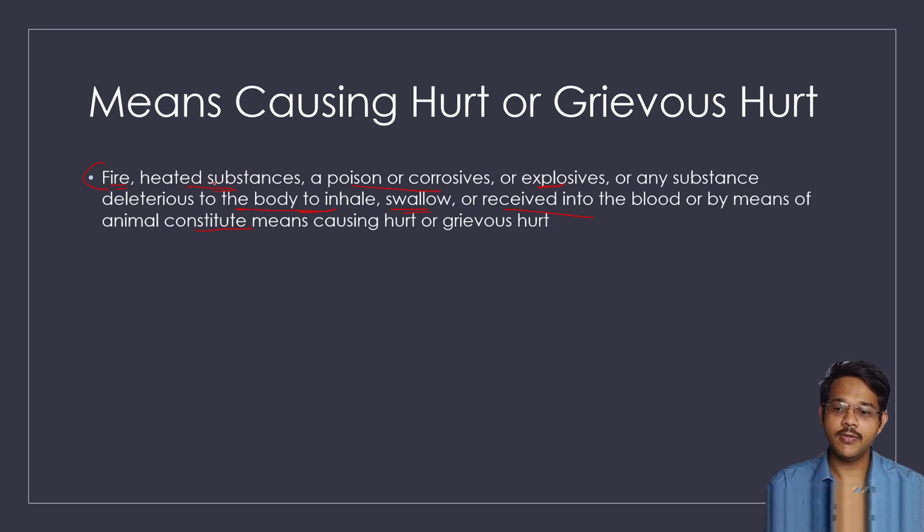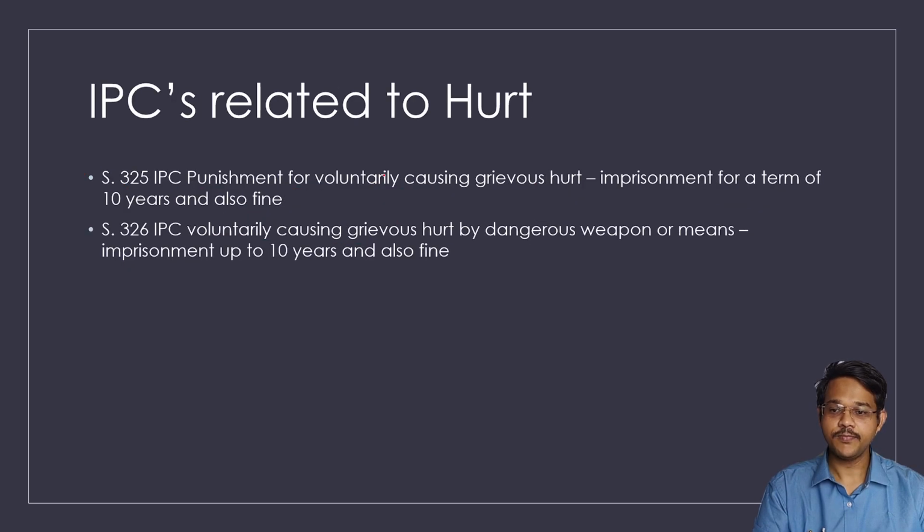It may include fire, heated substances, poisons, corrosives, or a poisonous gas like carbon monoxide or methane, which a person may inhale or swallow, or it may be received from an animal, like a snake bite or a poisonous spider. If any person takes that spider and puts it on another person so that it bites him, that is a form of means of causing hurt. Those all include dangerous weapons and means of causing hurt.